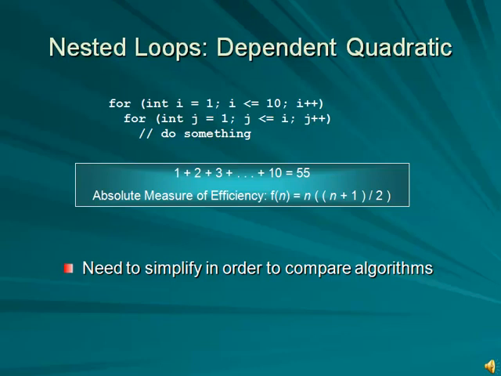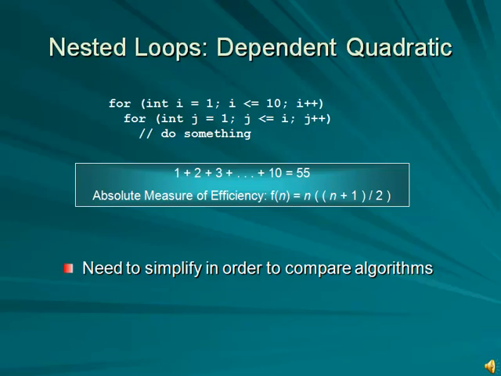When we actually count the number of iterations through this program, we can see that when i is equal to 1, then j only goes through its loop once, and the next time through it goes 2 times, the next time 3 times, the next time 4, and so on. So with a value of 10 for n, these two loops go through 55 total iterations.